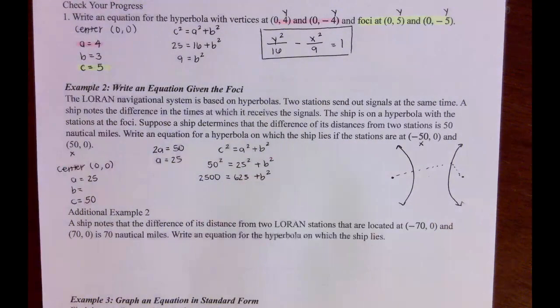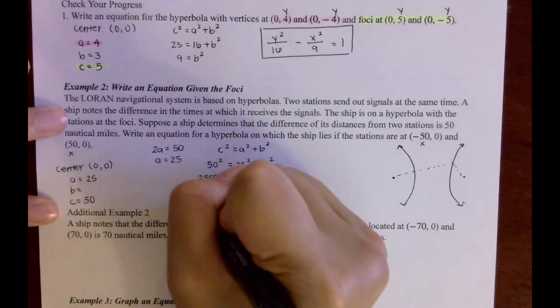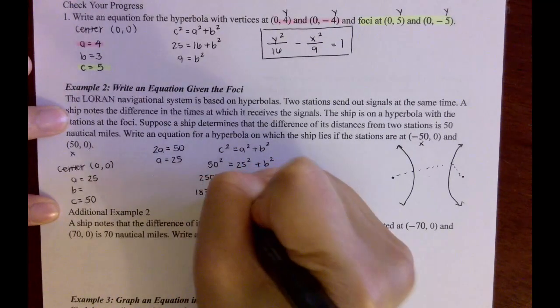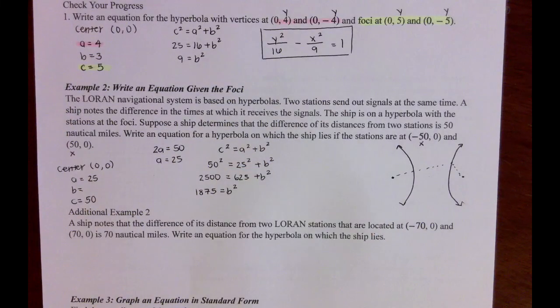And then subtract them. 2500 minus 625 will give me 1875, and that equals b squared. I don't have to find b because in my equation it'll be b squared, not b.